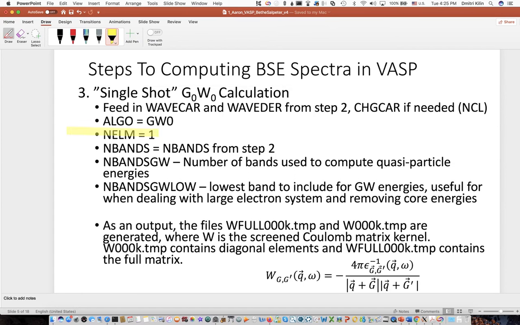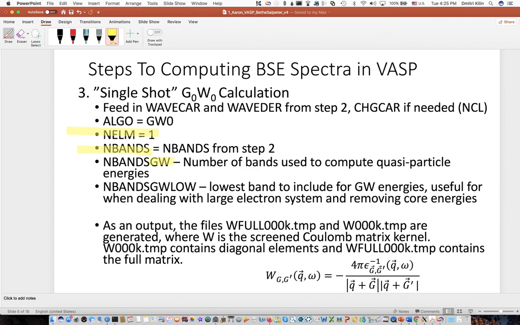If you're dealing with a very large system, it gives you flexibility as to which orbitals to run the GW calculation on, because this is probably the most expensive calculation to run that I found for the model I was using. And so I was using probably NBANDS equals 100.